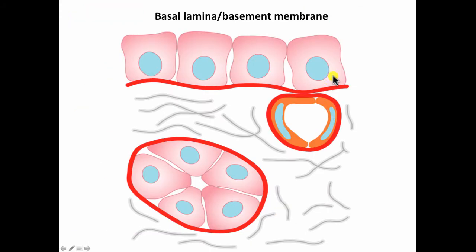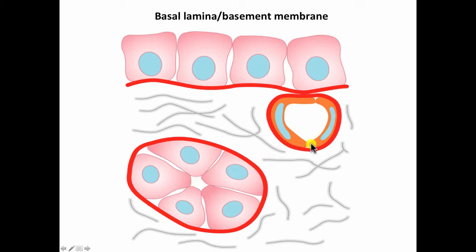And this just shows some different types of epithelia forming a sheet in this case, with the junctional complex here preventing the passage of substances from the apical to the basal side and vice versa, rolled up into a ball here, as we saw in the acini of various exocrine glands, but still facing an open space.